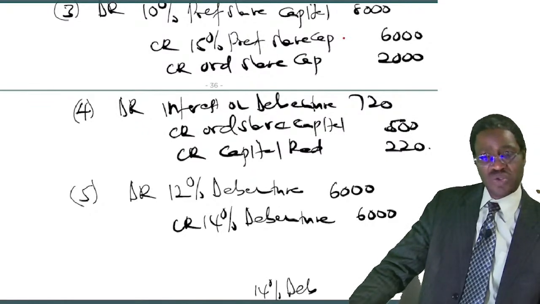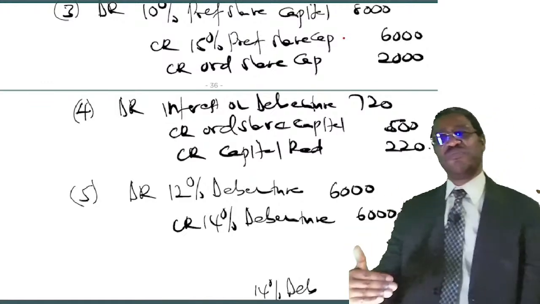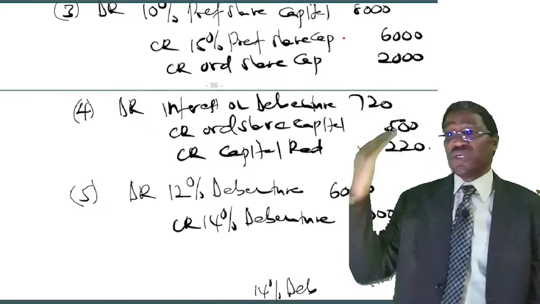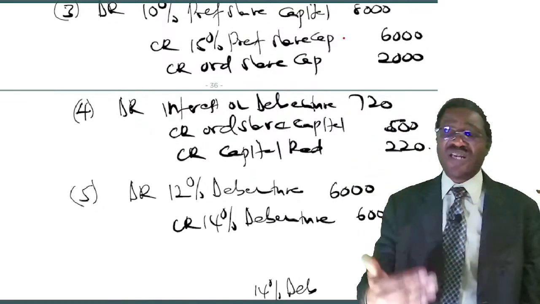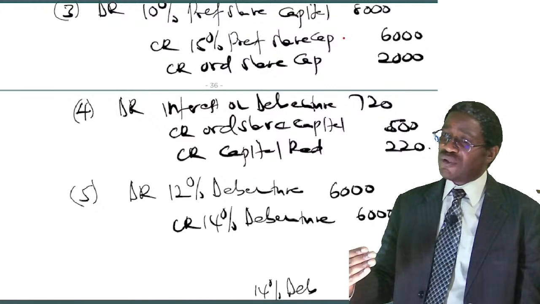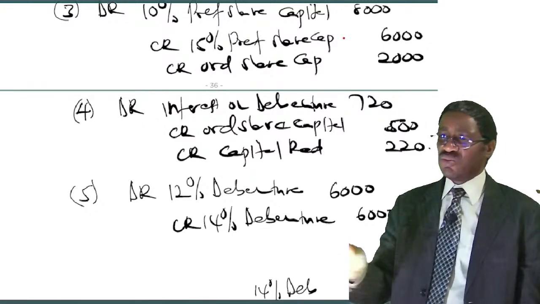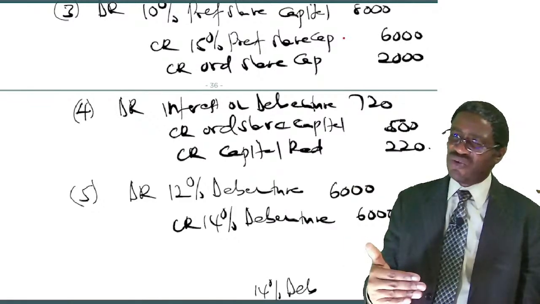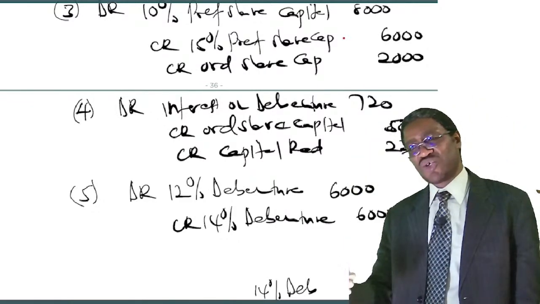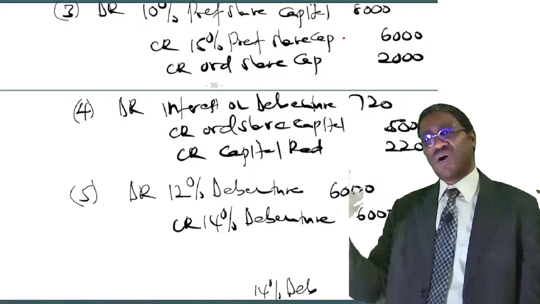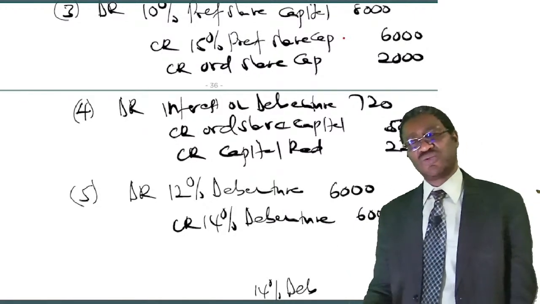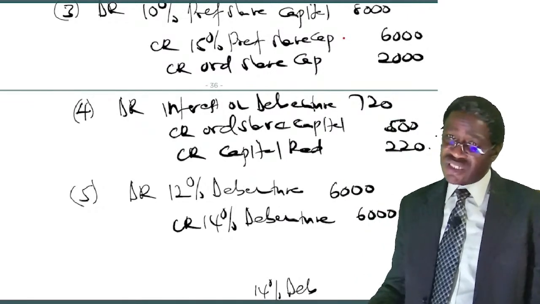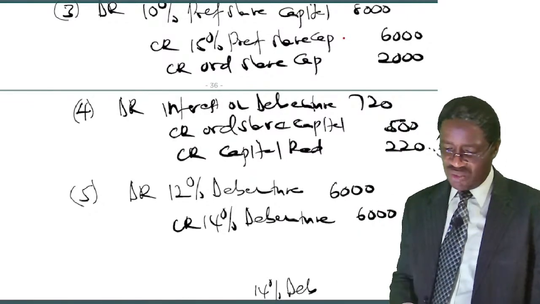That's 220. You could have passed it as 2 entries. You debit debenture interest by 500, credit ordinary share capital by 500, being the nominal value of the shares issued. Then again you debit debenture interest by 220, credit capital reduction by 220, being the discount on the payment of the debenture interest. That's okay. That was number 4.